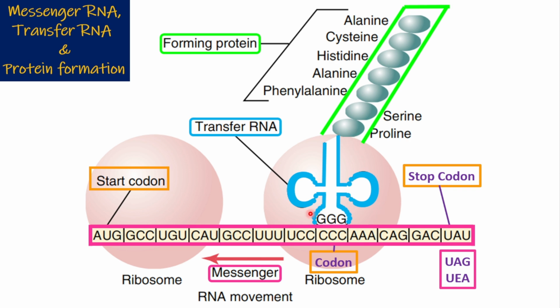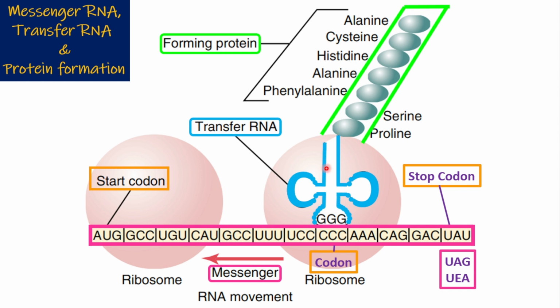For instance, this transfer RNA is carrying an amino acid which is proline. So now the DNA has the genetic code, DNA has formed the messenger RNA, and the messenger RNA has brought this code in the form of codons to the ribosome in the cytoplasm.